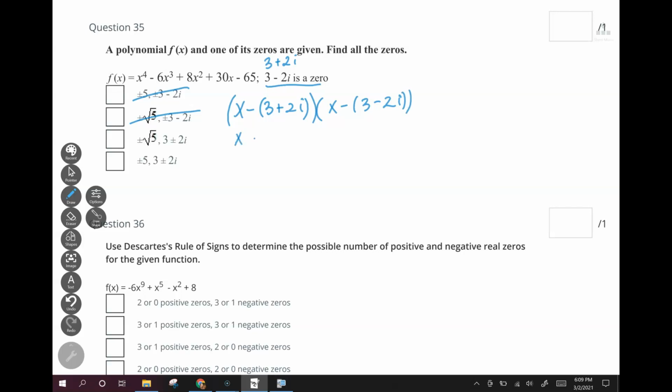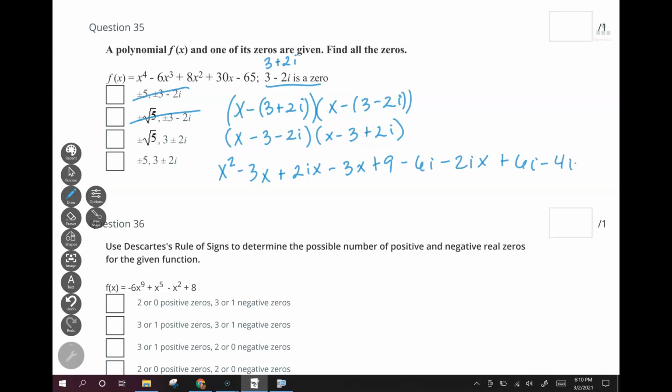Okay, so distributing the negative on both gives us that, and now we could FOIL that together very quickly. i squared is negative 1, so that becomes a plus 4.